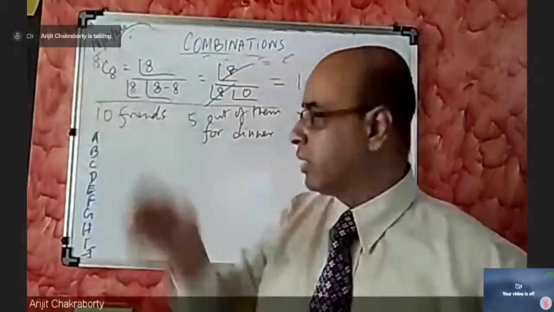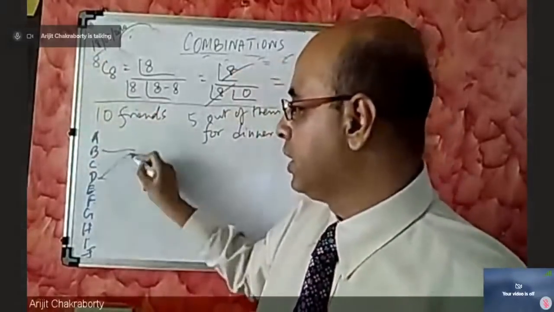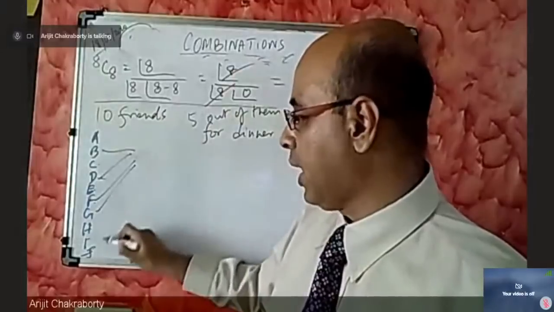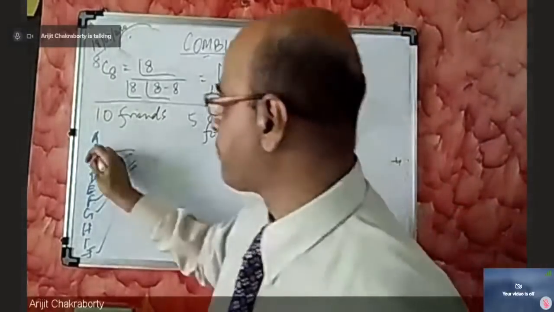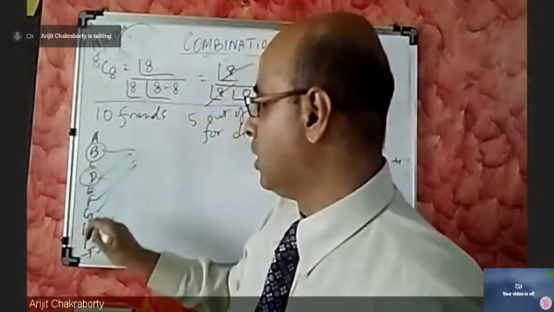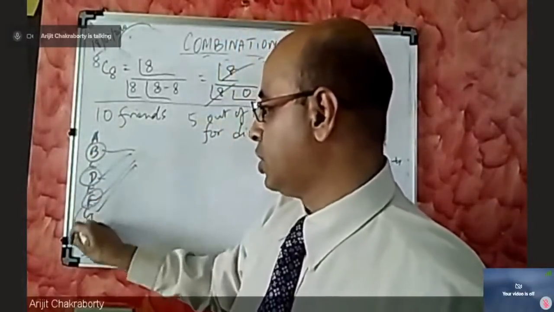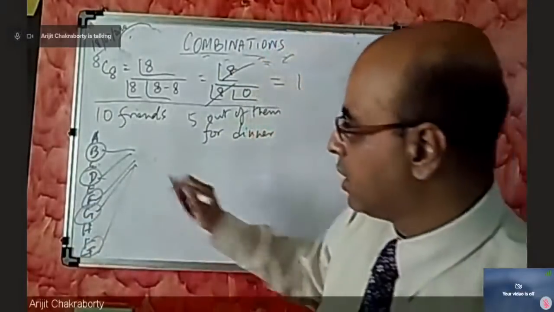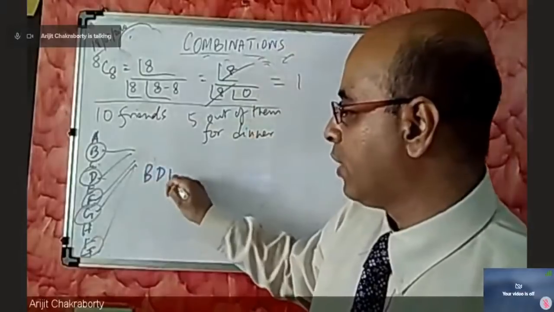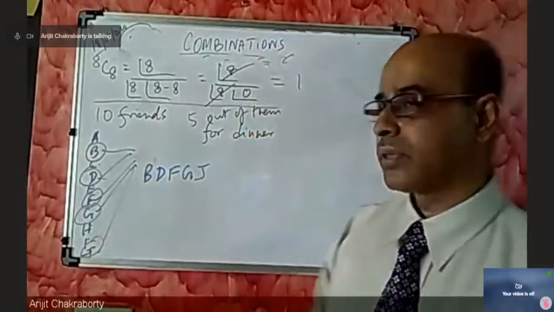Let's take randomly. I take B, D, F, G and J. So let me circle them up. So the order is B, D, F, G and J.